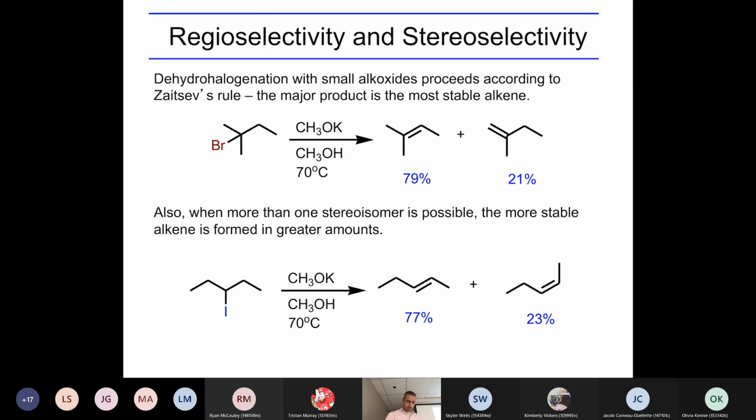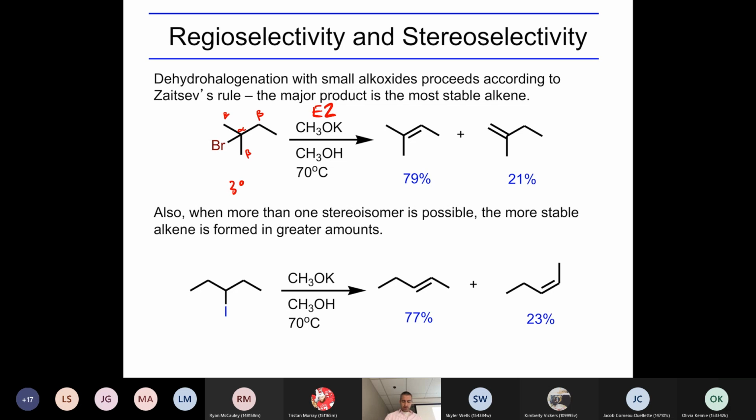And so you see in this example, we have a tertiary alkyl halide, small alkoxide, which will do E2, but we have 3 beta carbons, 2 types. We have the methyl type, and we have the CH2.